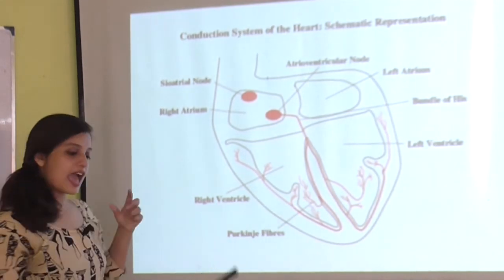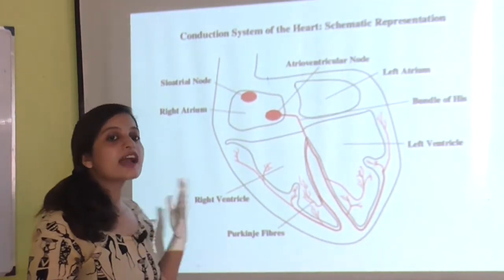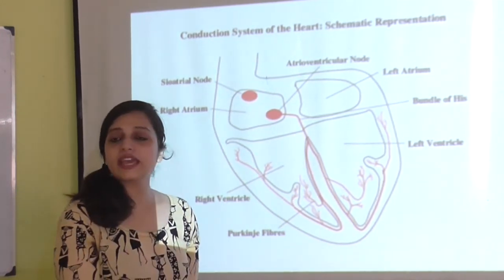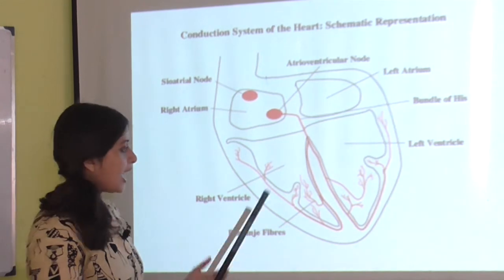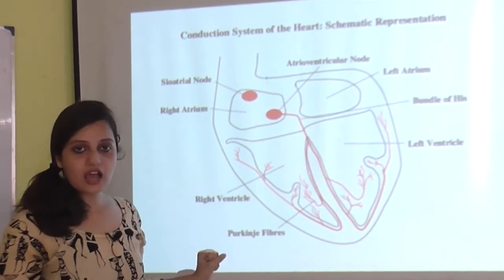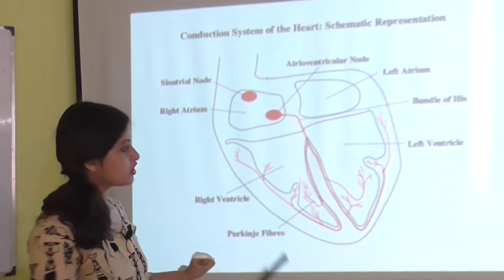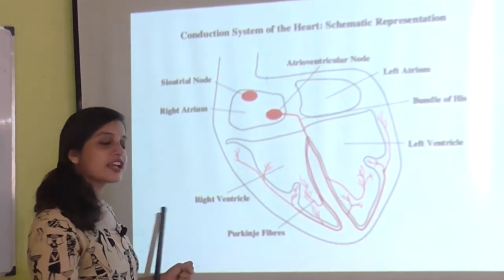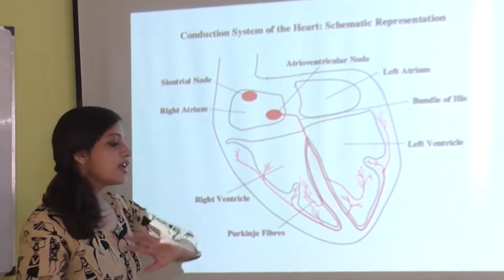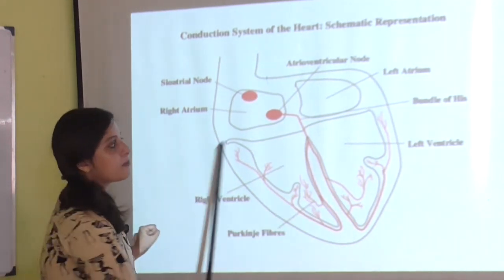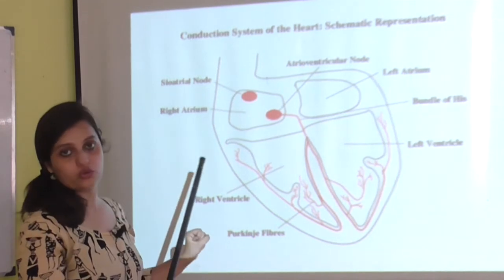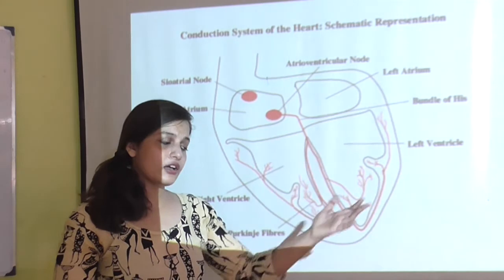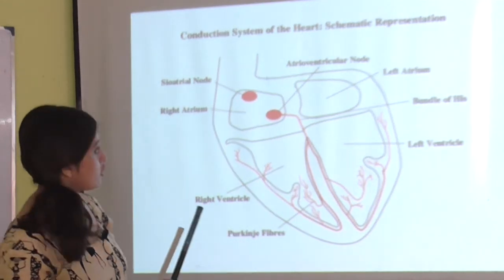They act as the pathway, and they spread the electric impulse generated by the SA node throughout the muscle of the heart. So these are the four important special tissues that are present in the heart.